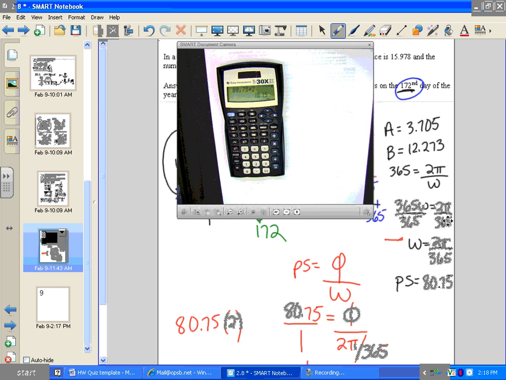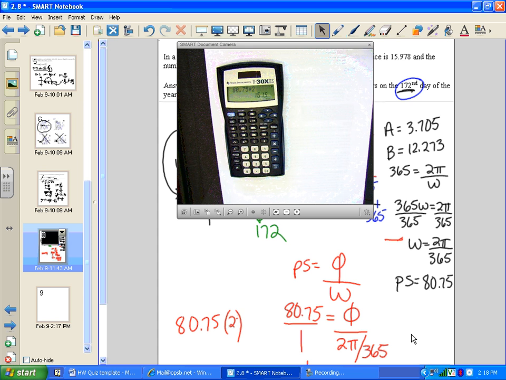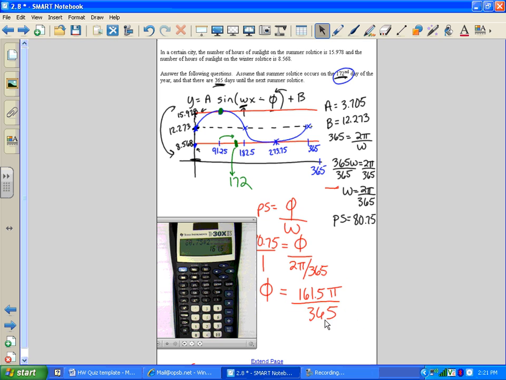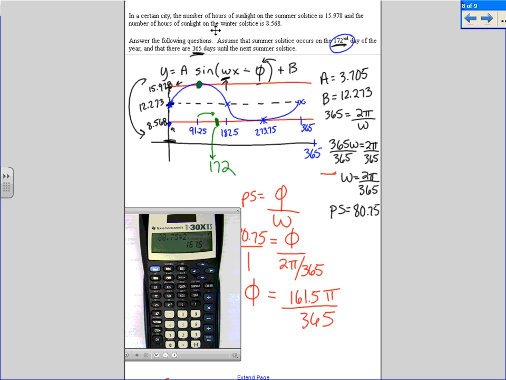Again, what I'm trying to do is take that value there, that 161.5 pi, and switch it so that it would be a fraction. Watch real carefully here. I'm having trouble seeing the bottom part of this. Let me pause it and fix it. Okay, I think I finally got this set up where we can see it.